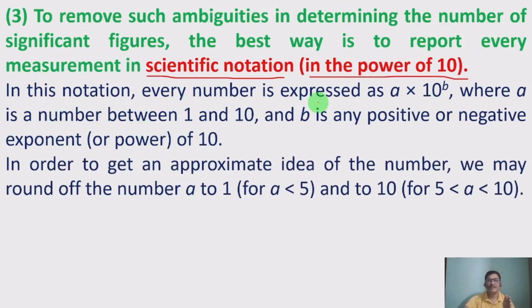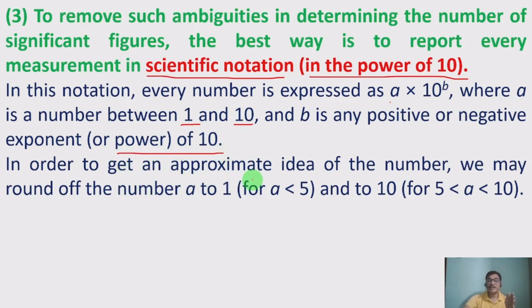In this notation, every number is expressed as a times 10 raised to b, where a is a number between 1 and 10 and b is any positive or negative exponent, that is, the power of 10.